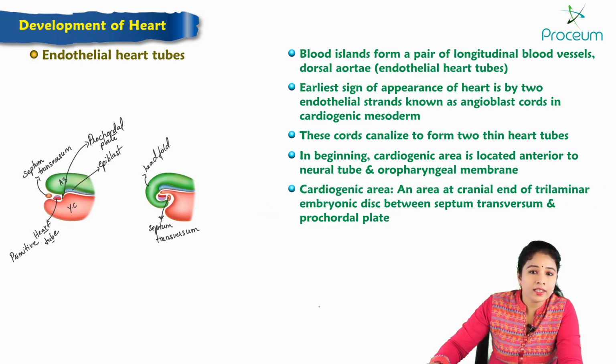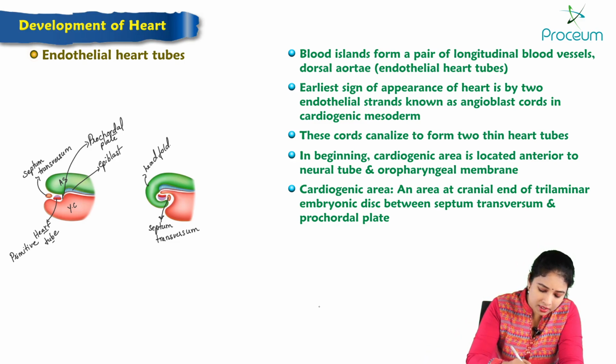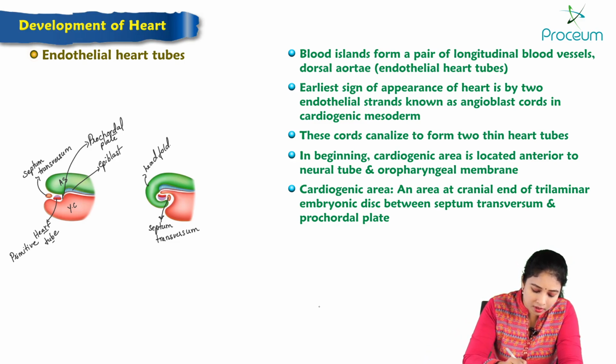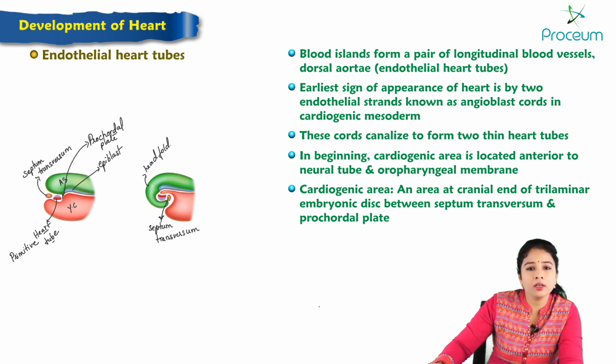The cardiogenic area is an area at the cranial end of the trilaminar embryonic disc between the septum transversum and the procaudal plate. Anteriorly is the septum transversum, at the cranial end, and caudal to the heart tube we can see the procaudal plate.